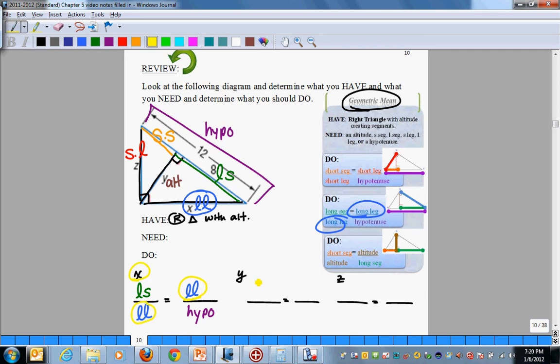Let's take a look at Y. Y is the altitude. So we know here in this one that the altitude is the geometric mean between the short segment and the long segment.